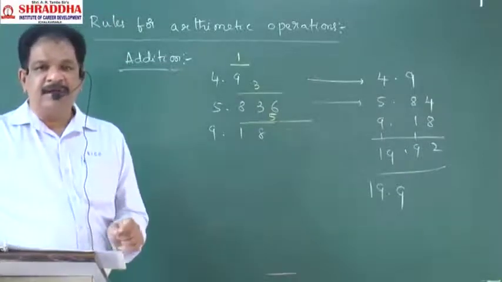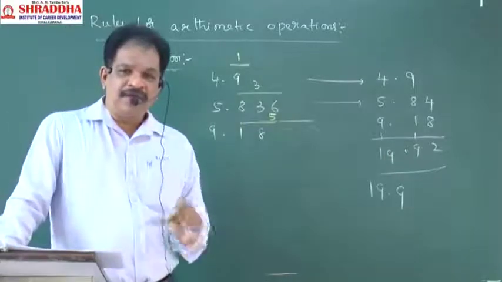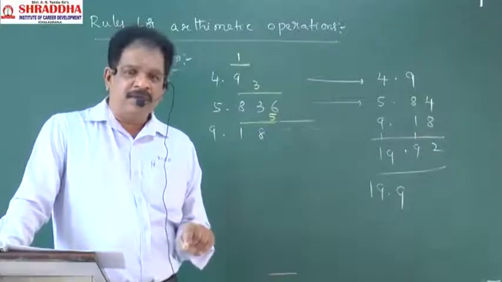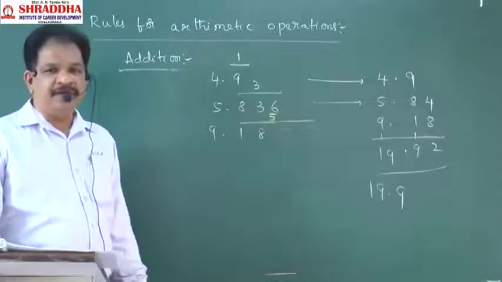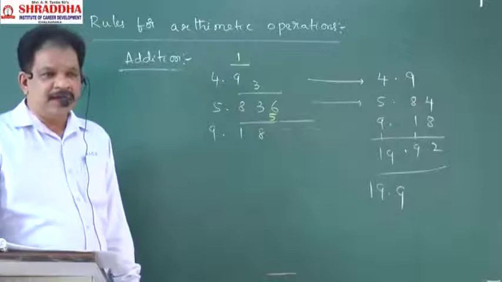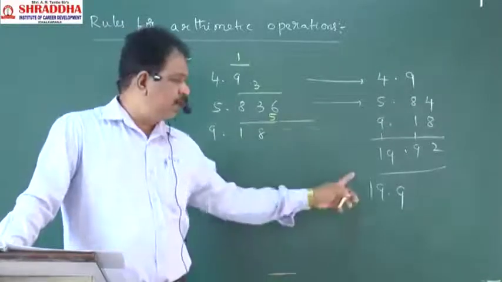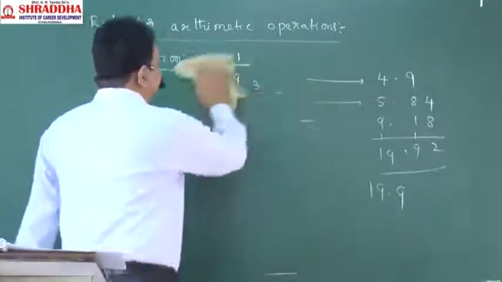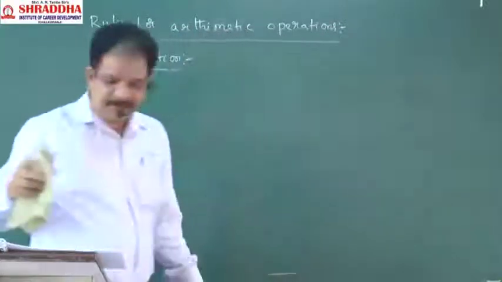Identify the number having the least number of significant figures after the decimal point. The remaining numbers should be rounded to have one more significant figure. Do that arithmetic operation. The final answer will also be rounded to have only one significant figure. Next, after this addition, next subtraction.